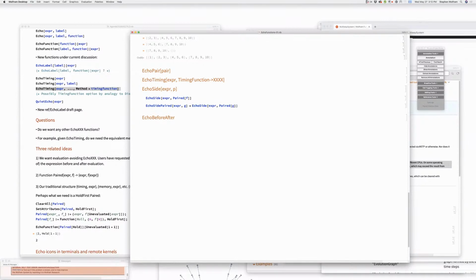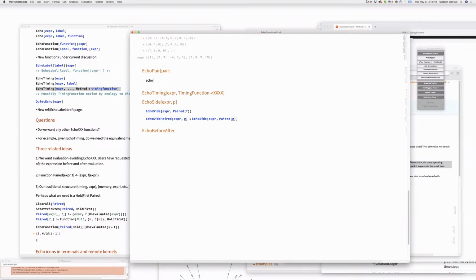Right? Right. Yep. Can we write echo before after in terms of these other things? No, because echo pair is echoing just the second member of the pair. Right, so echo before after is echoing the first member of the pair and returning the second one.